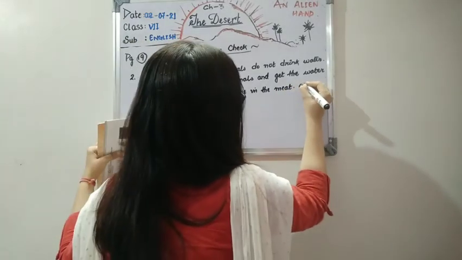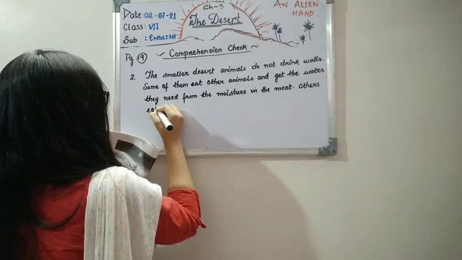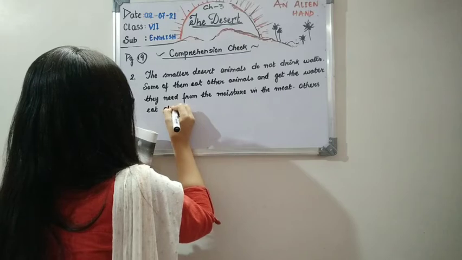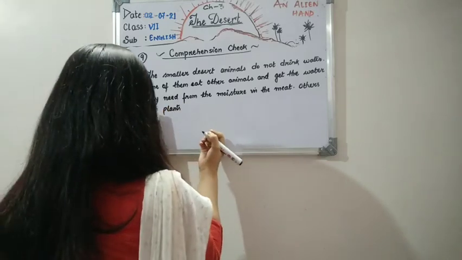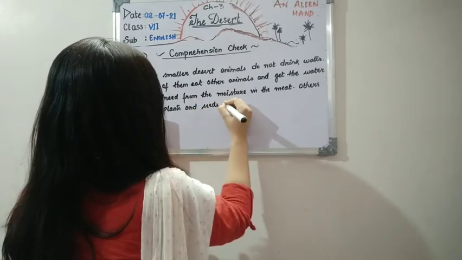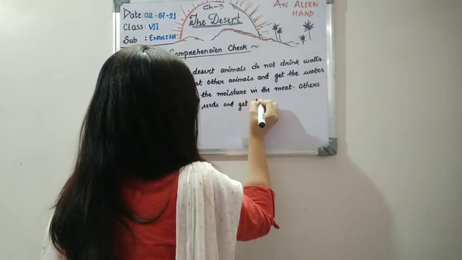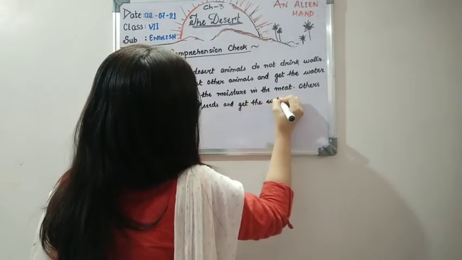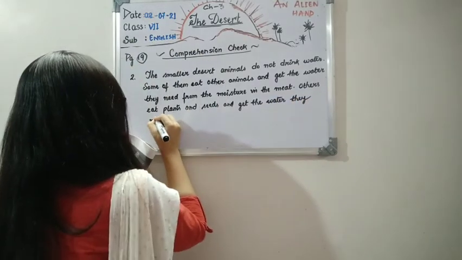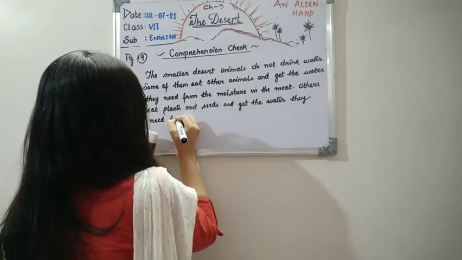Others eat plants and seeds and get the water they need from plant juices.